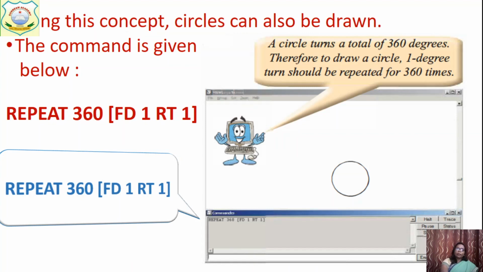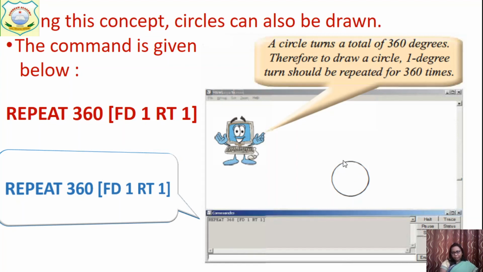Now to draw the circle, what will we do? For the circle, this is the command. A circle turns a total of 360 degrees. Therefore to draw a circle, a 1 degree turn should be repeated 360 times.